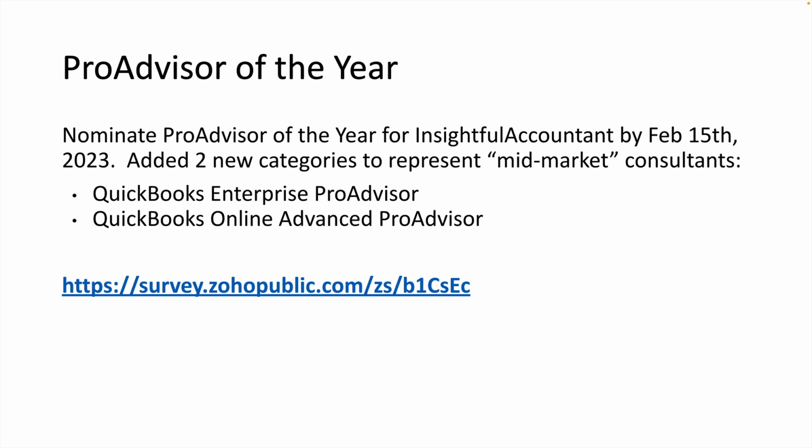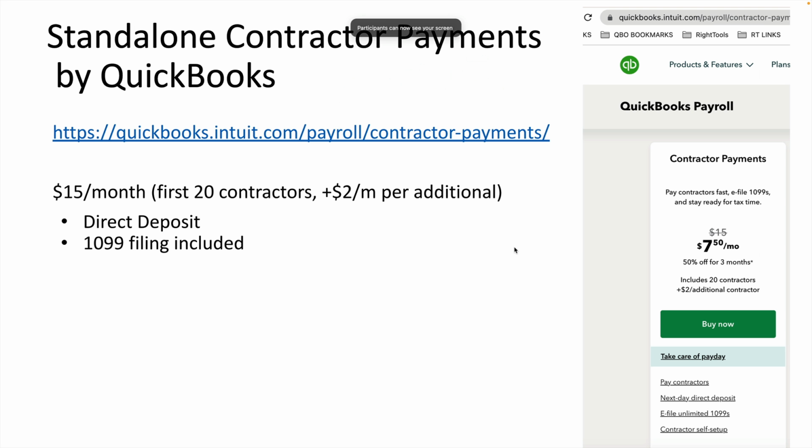So Intuit is supporting Insightful Accountant magazine, or publication, whatever you call it, in also recognizing the accounting professionals that are working the mid-market consulting through Enterprise and QuickBooks Online Advanced. If you know someone, or yourself are in that world, it's probably a good place to get recognition for your expertise in that particular area.